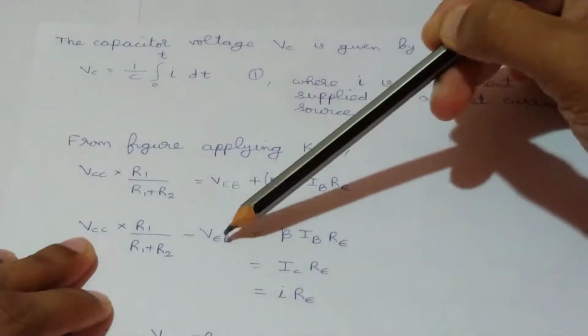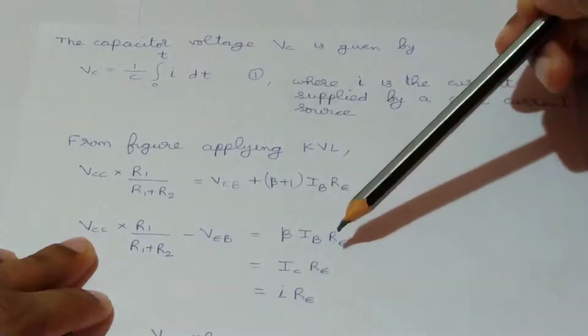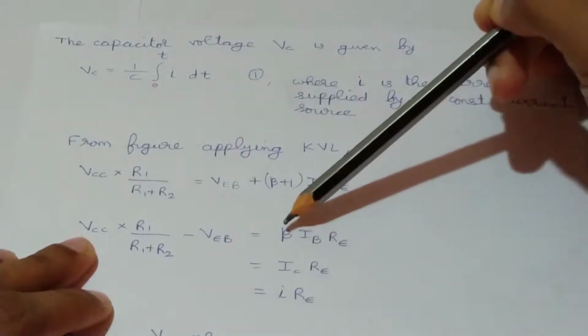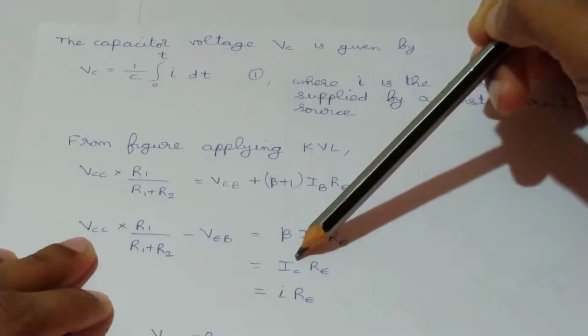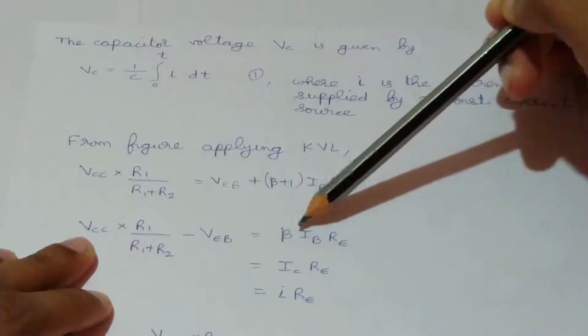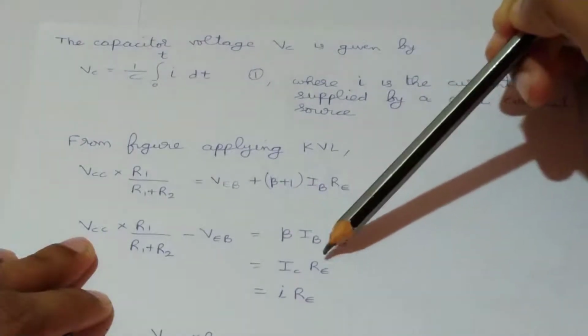So that is equal to beta IB RE, and we know beta IB is IC, the collector current of the transistor. So we can write this as IC into RE.